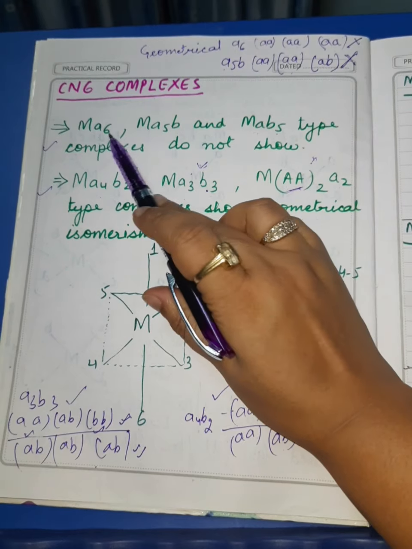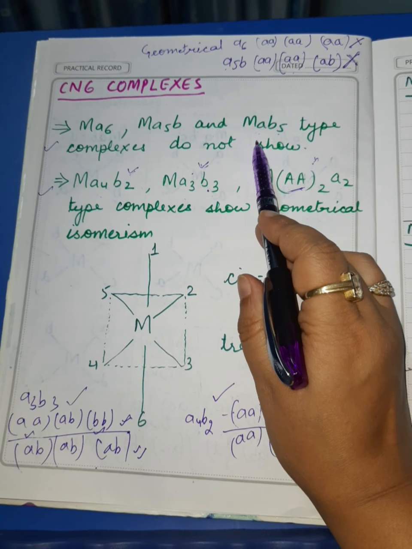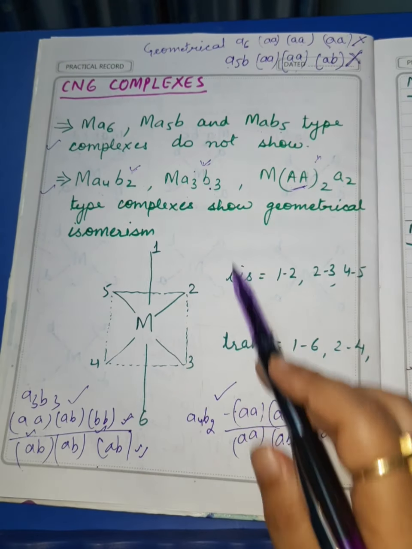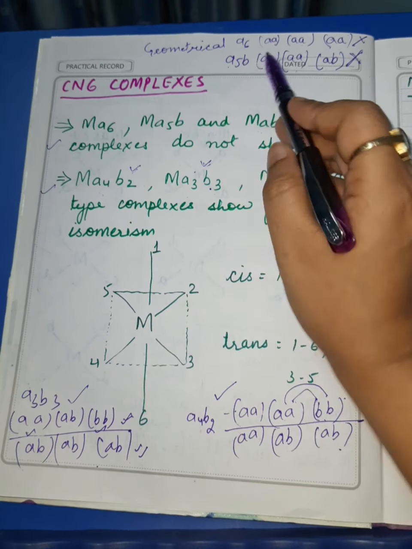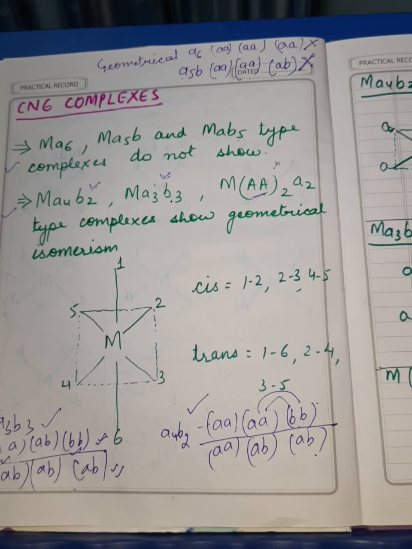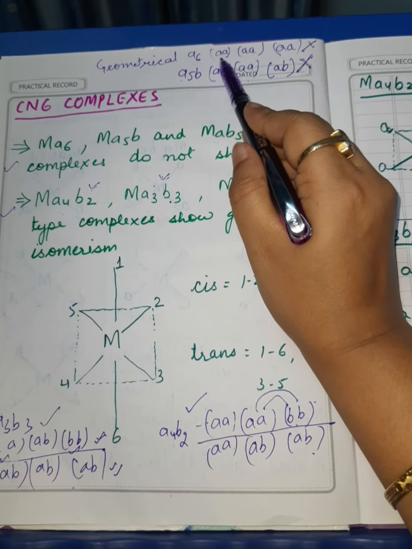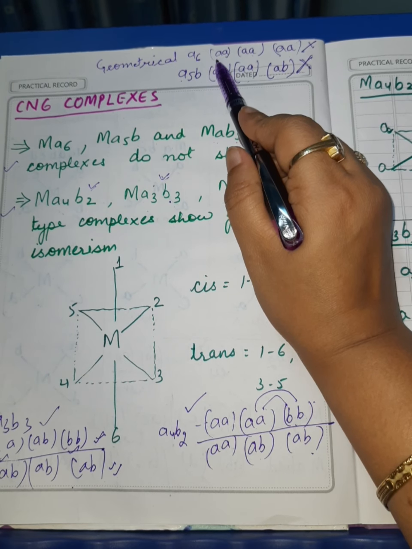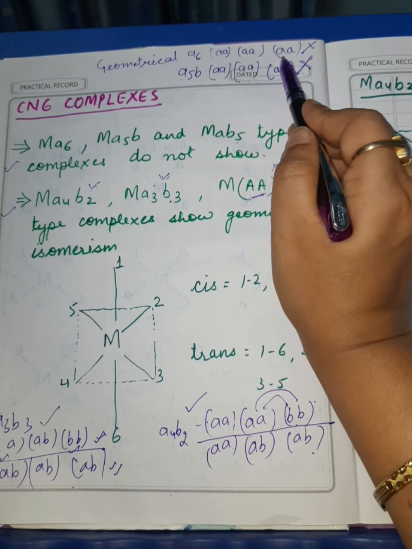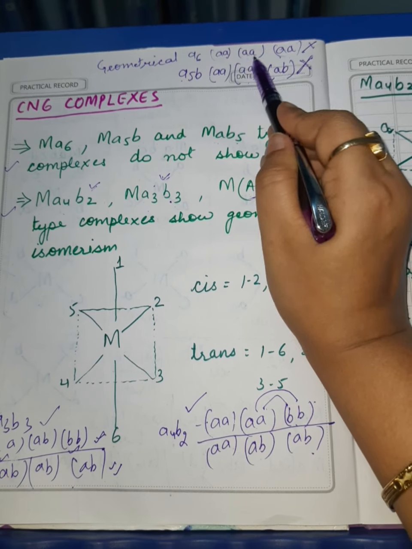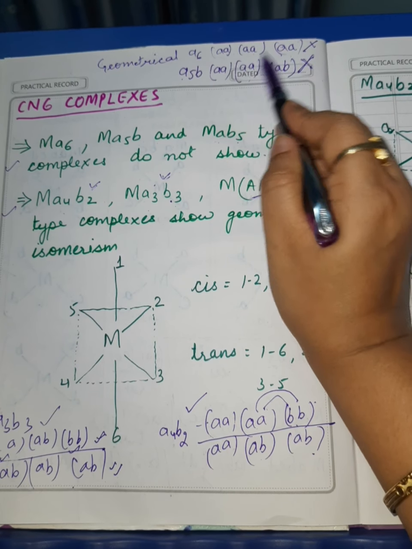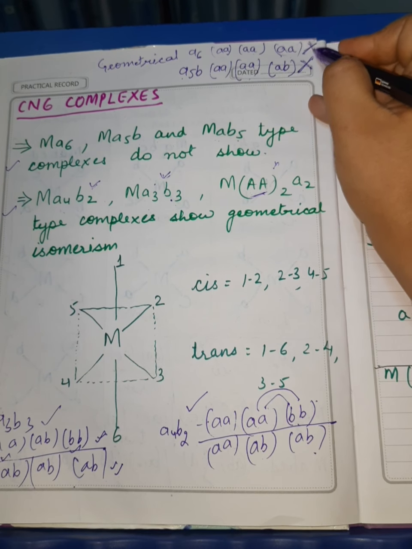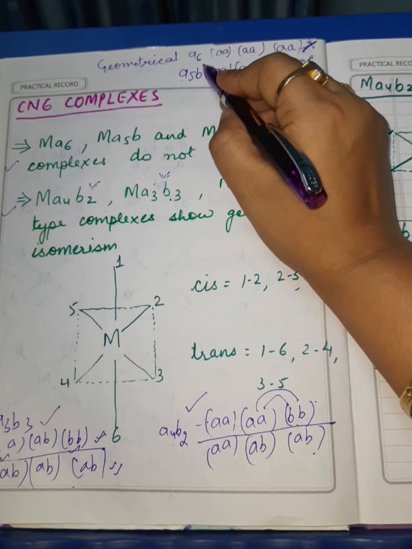Now let us understand with the help of a trick why these complexes do not show geometrical isomerism. When I say A6, I can make pairs of the ligands. 3 pairs are possible, in which first pair AA, second pair AA, third pair AA. All 3 pairs are made up of the same ligand. So on flipping the position, there is no use. We can't have different geometrical arrangements. So no geometrical isomerism is shown by A6.